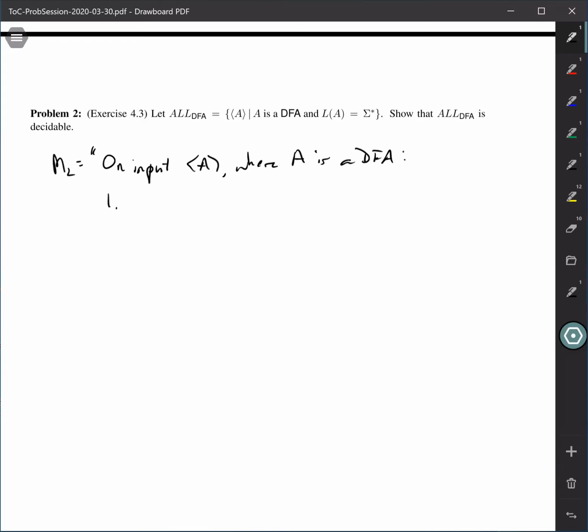So you're given the DFA, and so part of the DFA's description is the alphabet, and you're given a transition function, which is given as like a table of values. If you have this input symbol from the alphabet and you're in this state, then you go to this next state, right? So that's what A is. A is a complete description. You can think of that 5-tuple we had of the DFA.